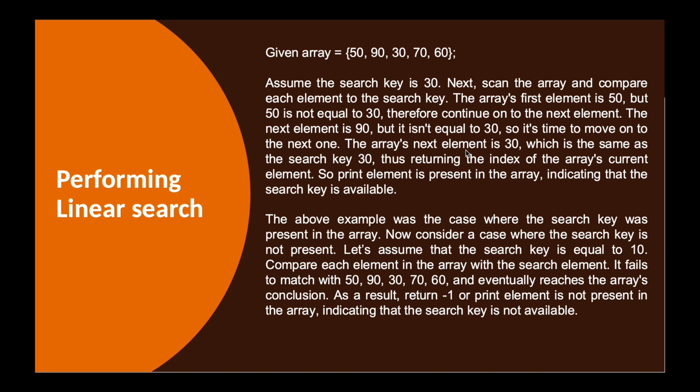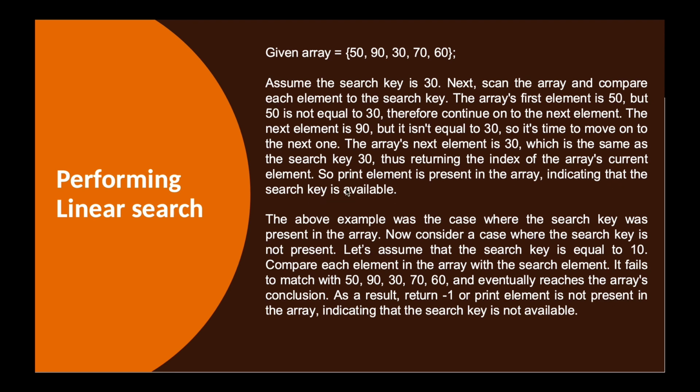The array's next element is 30, which is the same as the search key 30, thus returning the index of the array's current element. So, print "element is present in the array," indicating that the search key is available.